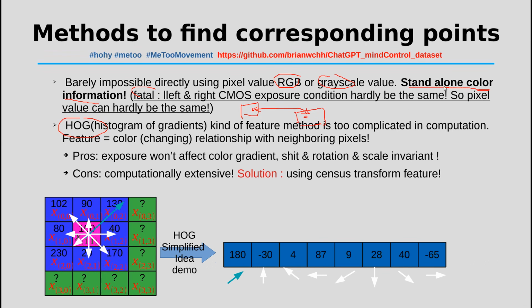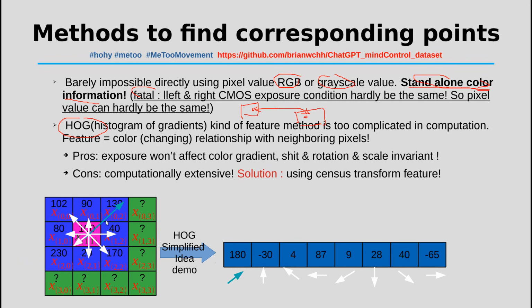Since standalone color information is not enough, how can we do it? We may ask ourselves, can we encode the corresponding color information into this pixel? It means that we have a color, then maybe there is a gradient.